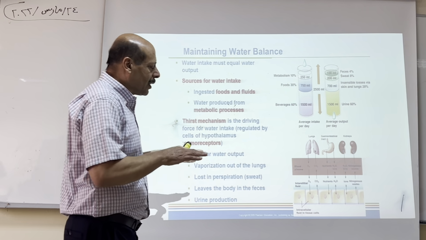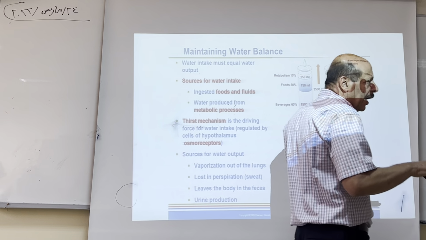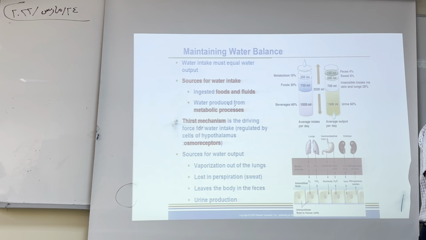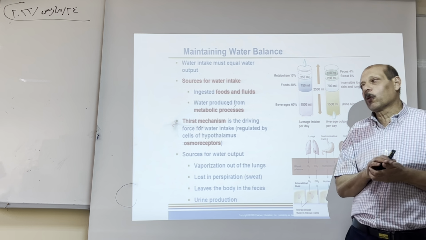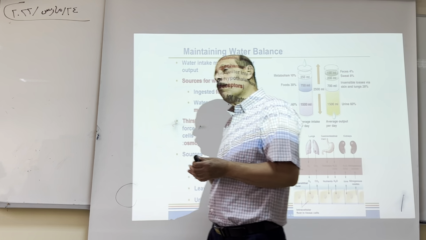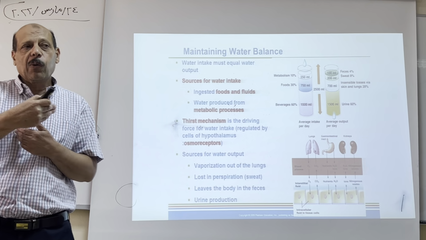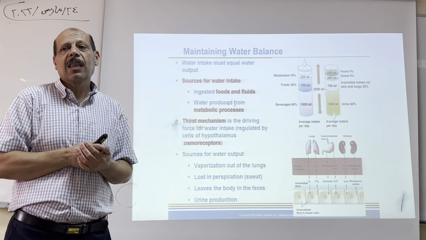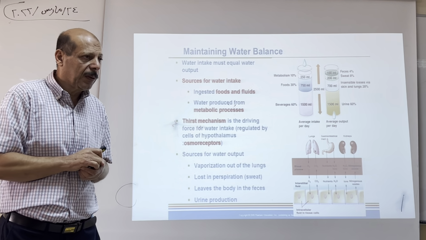So the kidney has to maintain the balance within, to maintain the osmolarity and also the electrolytes. So the fluid that we are taking has to be equal to the fluid that we lose.